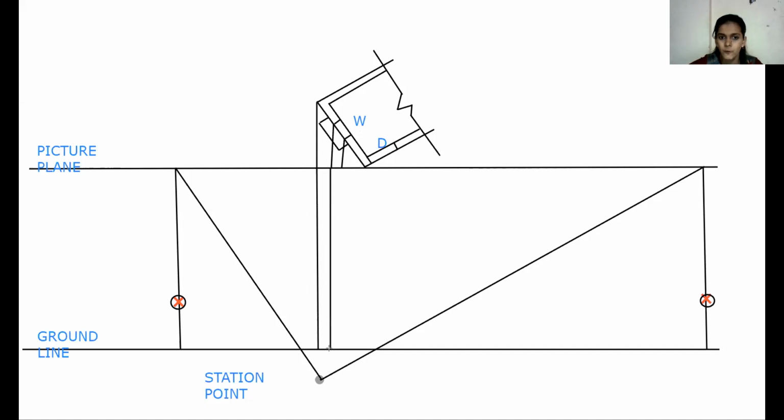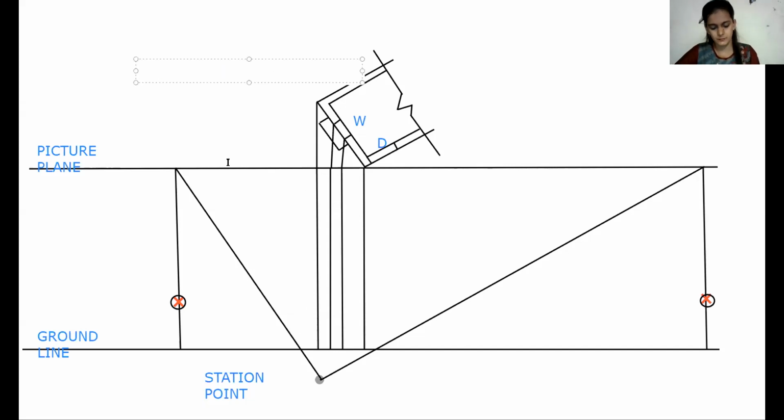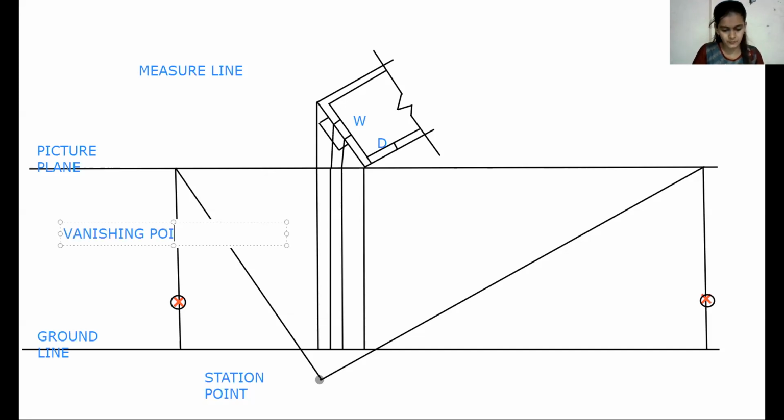Again a vertical line for the window, and here it's a measuring line. Other than these side lines, I'm not going to show them because I already showed that in part 1. I'm going to show you the measuring line.